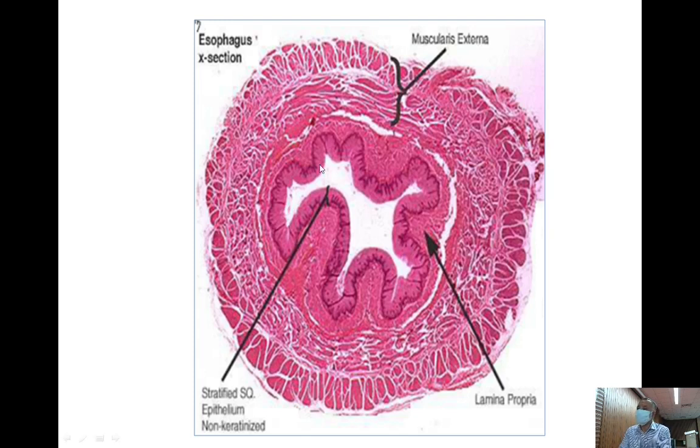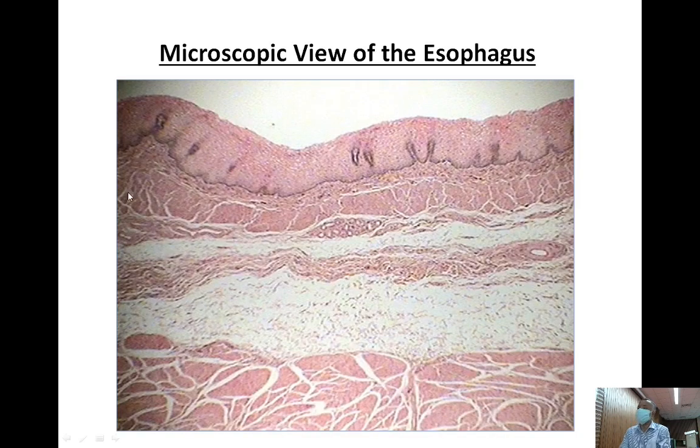What I have told about mucosal folds: though it is said that there is no fold, some longitudinal folds may be present in the esophagus also. And here is another picture. This is the lining epithelium, non-keratinized stratified squamous epithelium.